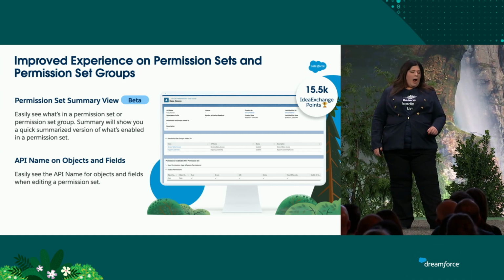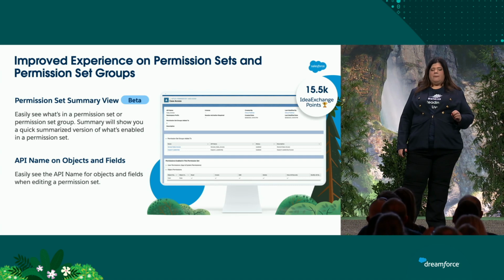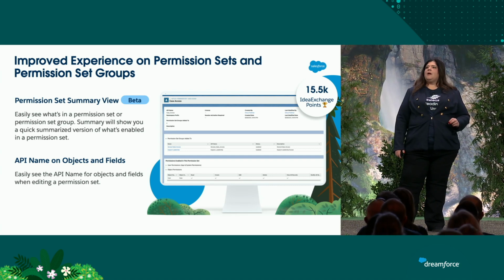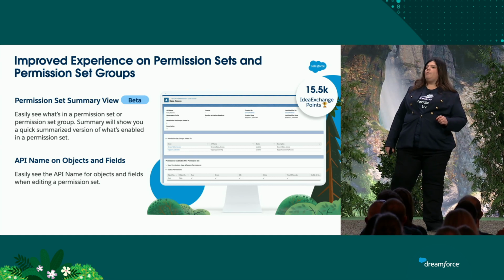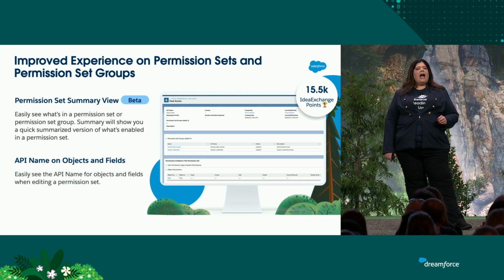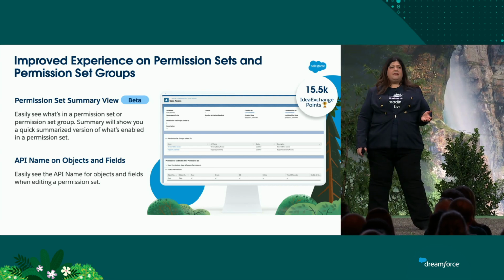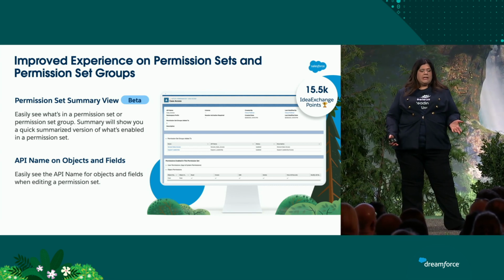Now, I want to talk a little bit about the improved experience on permission sets and permission set groups. At Release Readiness Live, for the last release, one of you asked me why I hadn't prioritized having some sort of summary review on permission sets. And I said the idea only had like 1,700 points, so I hadn't prioritized it yet.